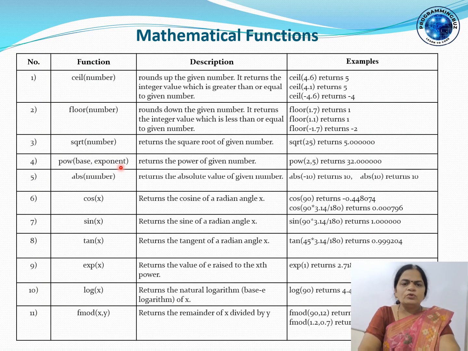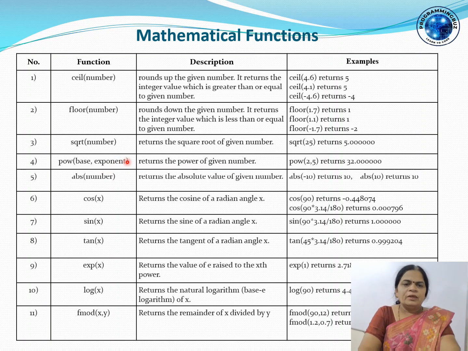Suppose you have to calculate 2 raised to the power 9, then you have to write 2 comma 9. For example, pow of 2 comma 5 will return 2 raised to the power 5, which is equal to 32.00. So this function is used to calculate the raised power.